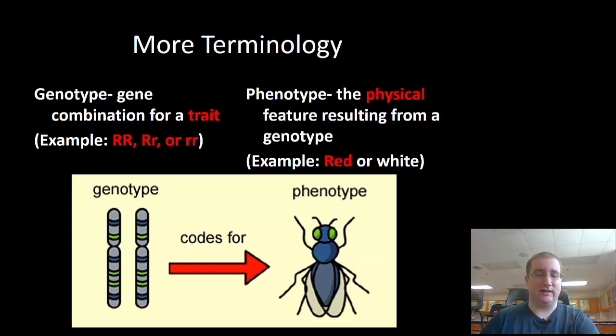So your genotype will always be a combination of alleles, while your phenotype will always be the physical characteristic. Do you have a disease or do you not? Are you red or are you white? Are you blonde or are you brown haired? So genotype is the actual combination of genes, while your phenotype is the actual physical feature that we see. Phenotype, physical. Genotype, genes.